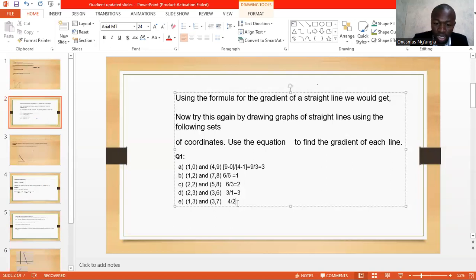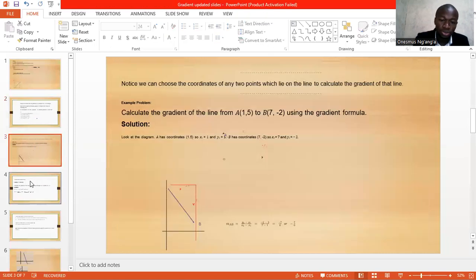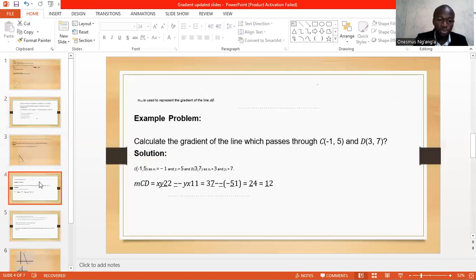So we'll be getting our gradient here as 2.